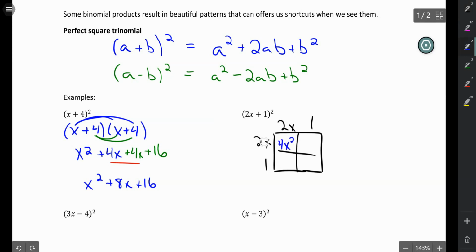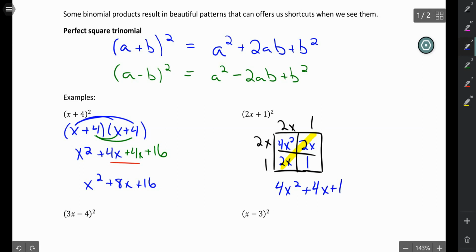We've got that 2x times 1, which gives us 2x. And we've got 1 times 2x, which gives us 2x. And 1 times 1. We've got those like terms on the diagonal, which we're going to combine for our final answer. So I've got 4x squared plus 4x plus 1.